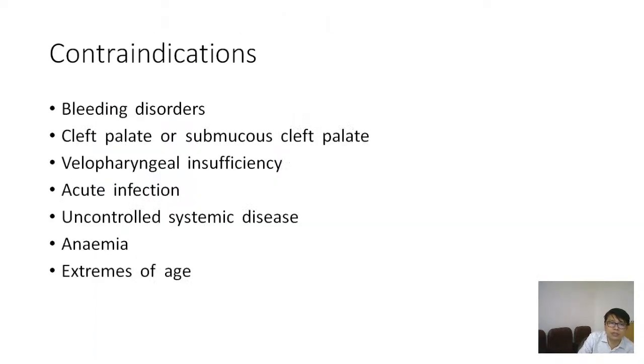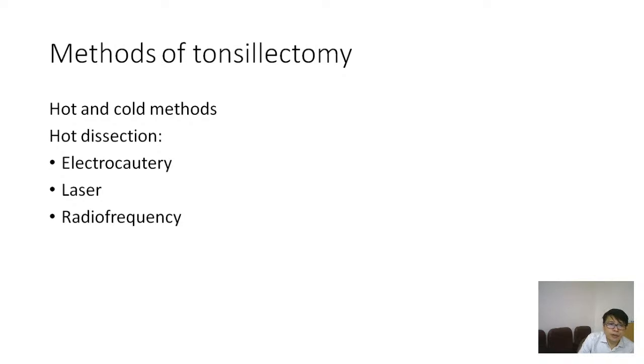Contraindications: if there is a bleeding disorder, submucosal cleft, velopharyngeal insufficiency, or acute infection, we don't do it. If there is anemia and at extreme ages, we don't do it. There are different methods, cold and hot. By hot we mean that we use some instrument to cut the tonsil off, either electrocautery, laser or radiofrequency.